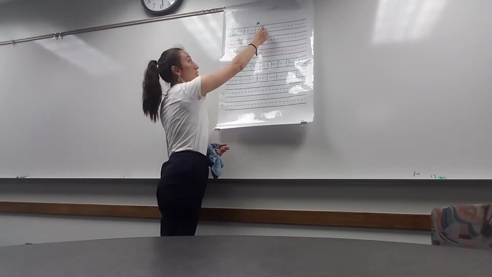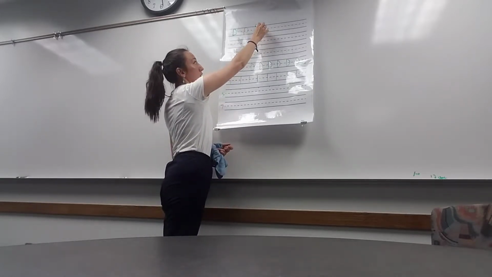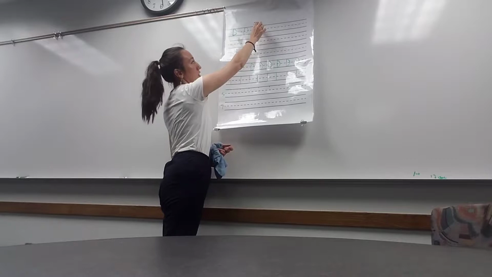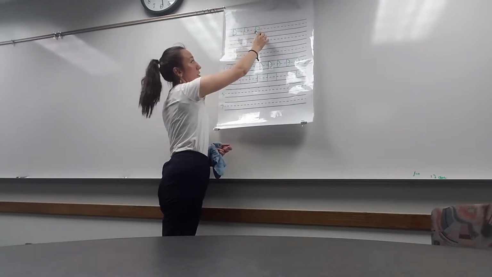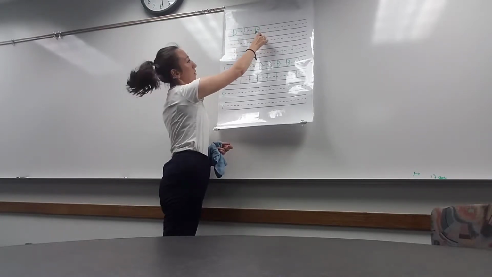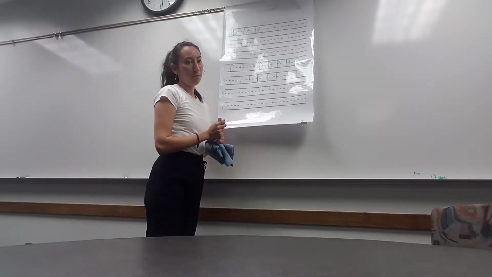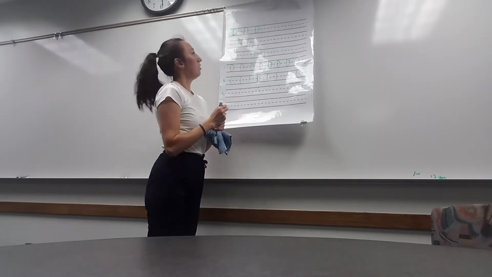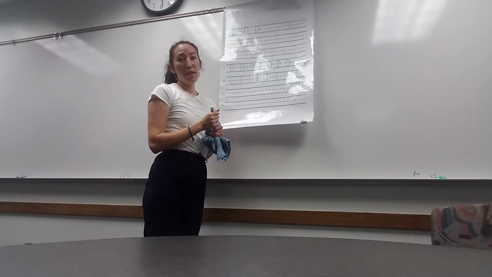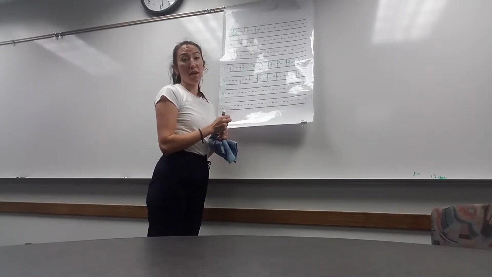All right, so the top of uppercase D is just below the top line, and the bottom of uppercase D is just above the bottom line. Okay, again, recite and name uppercase D as I write.